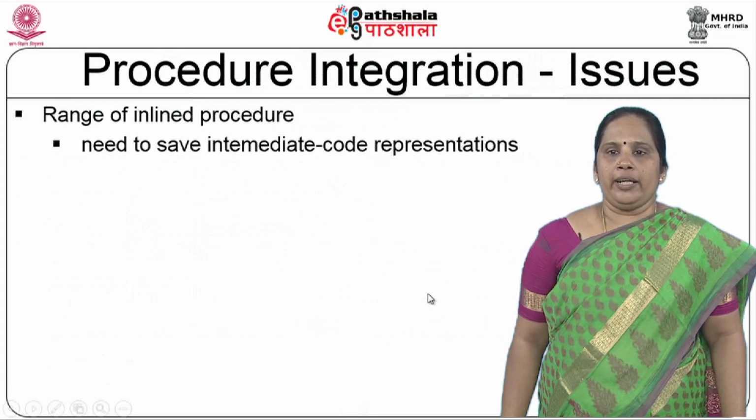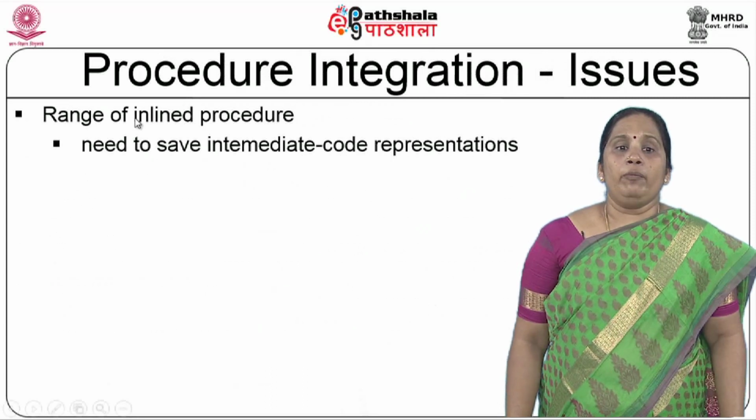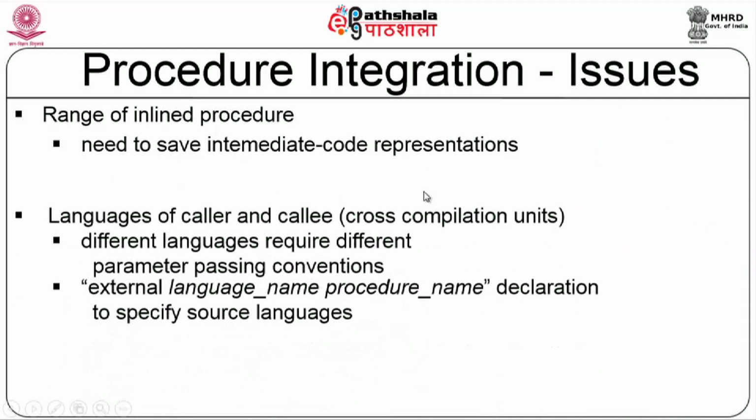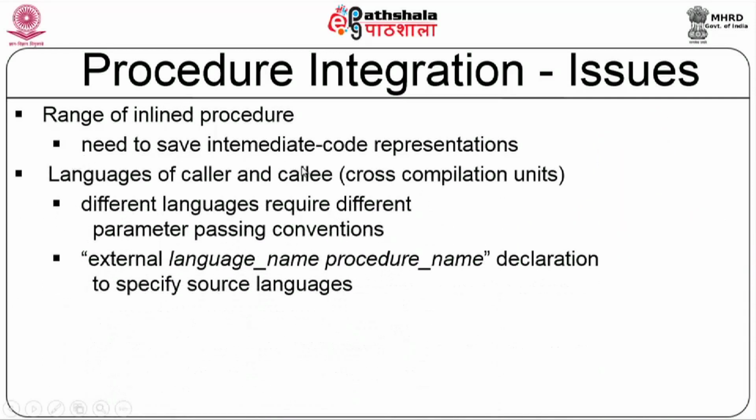So, the procedure integration issues: there will be a range of inline procedures and you need to save intermediate code representations, and the language of the caller and the callee could be varying, and they can have different parameter passing conventions. So, that should also be handled.